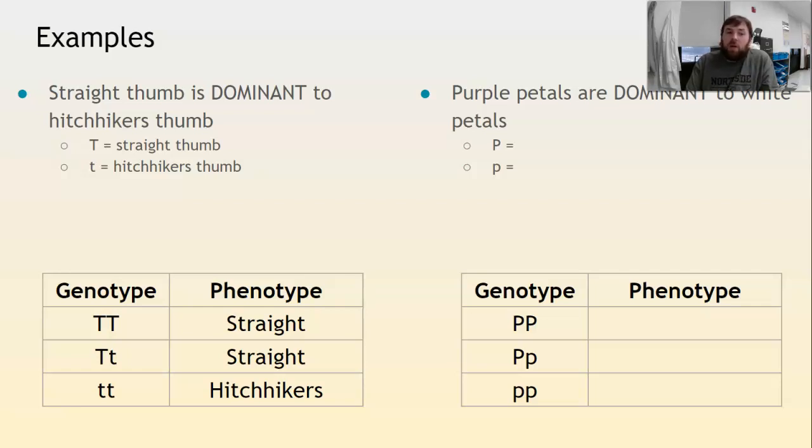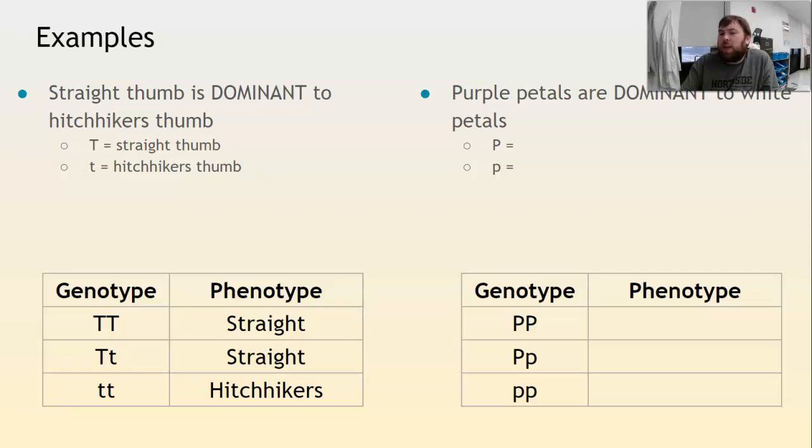Two capitals, one capital and one lowercase, and two lowercase. Based on this, the only one that could have the hitchhiker's thumb would be an individual that has two lowercase t's, the phenotype being the hitchhiker's thumb. Everyone else has a dominant allele, and therefore the dominant allele shows up in the phenotype. That would be the straight thumb.